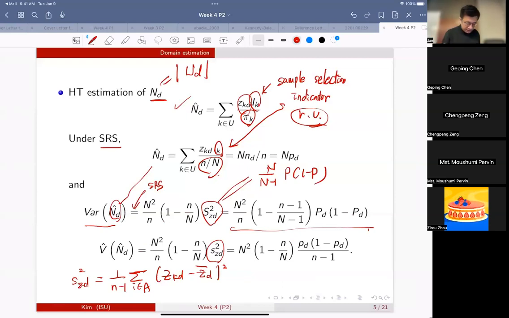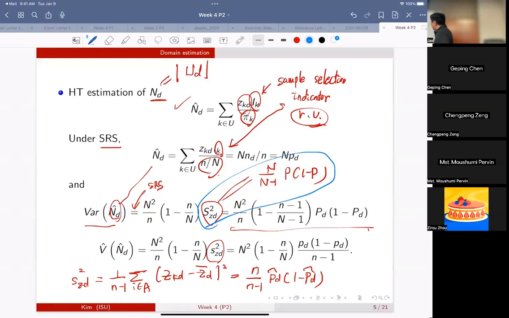And then using the same argument, this will be written as n over n minus one, p hat_d times (1 minus p hat_d).